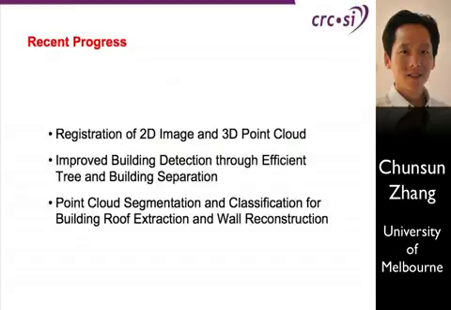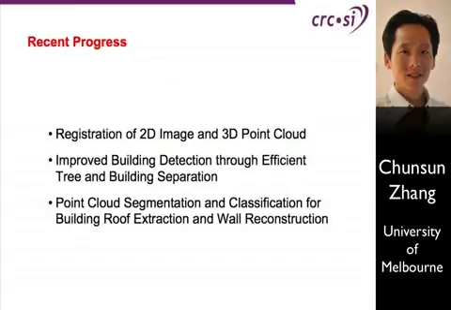In line with this general strategy, our recent effort has been to implement the 3D image concept. On one hand, we have to combine the data, in particular the imagery and point clouds, and on the other side, we have to develop robust algorithms for feature extraction.